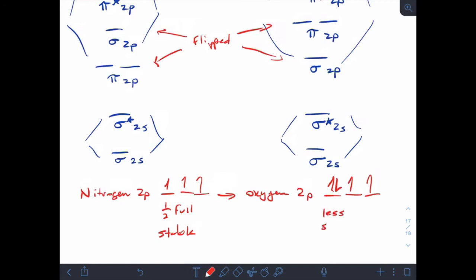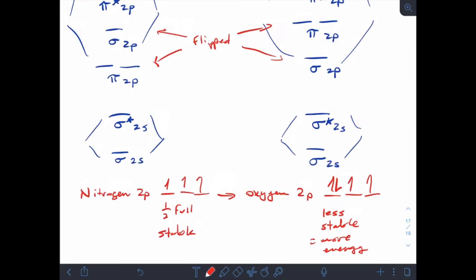Less stable, more energy. Okay, so that's why the MO diagram flips when you get above nitrogen. So you want to be aware of that when you're doing Mastering and when you get to the exam.